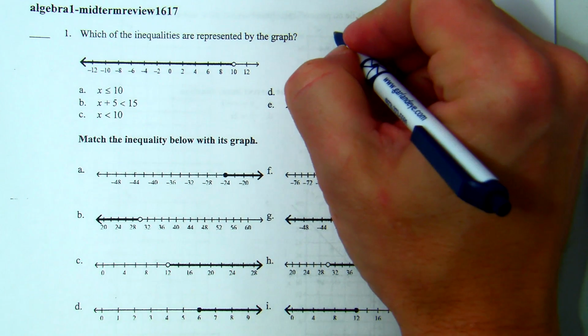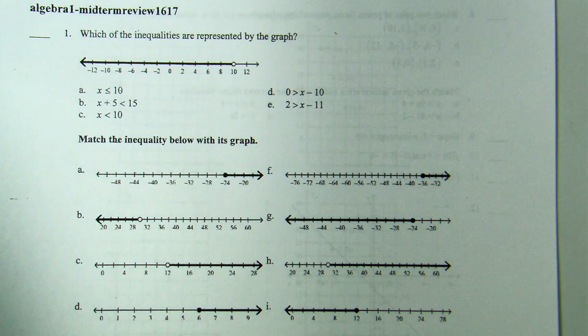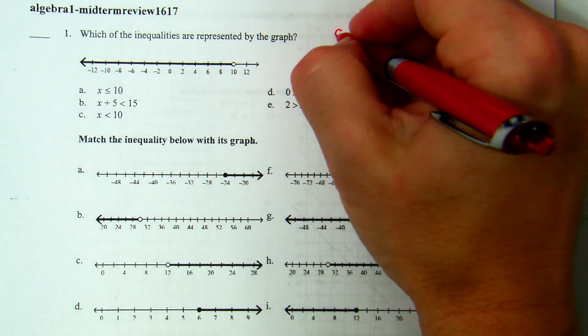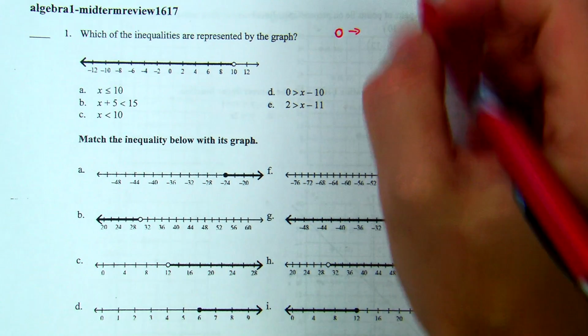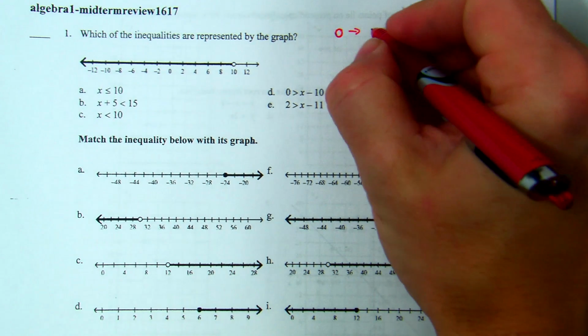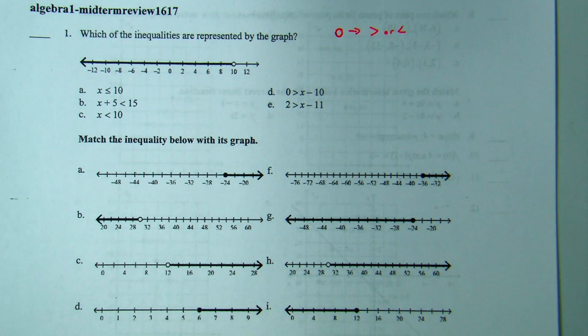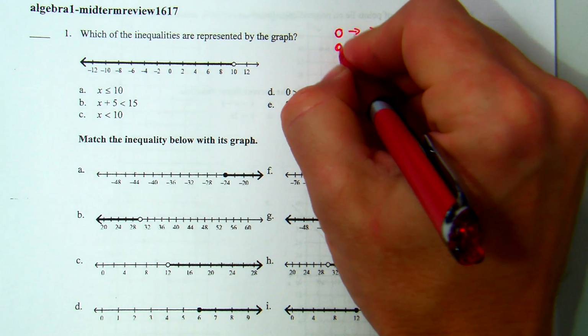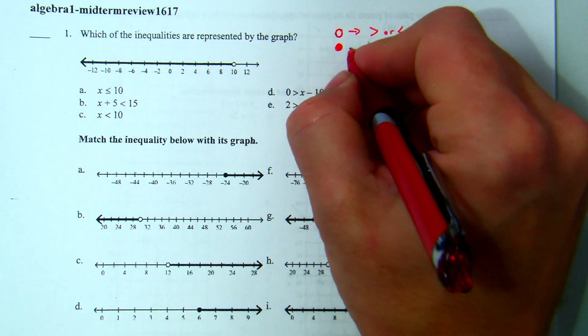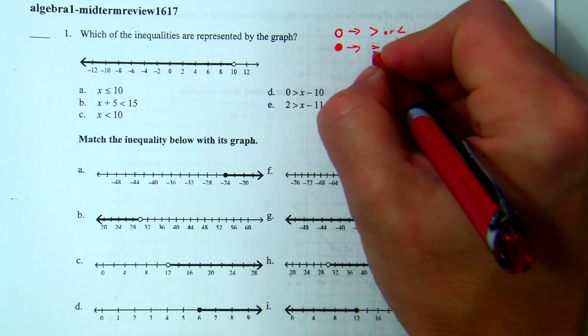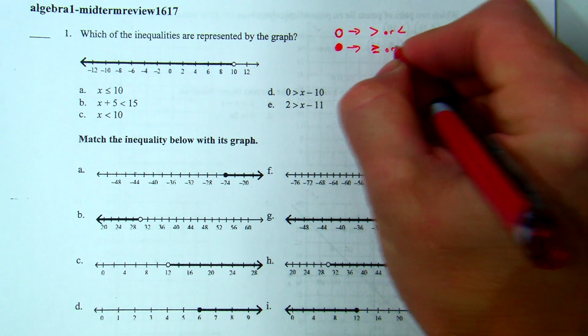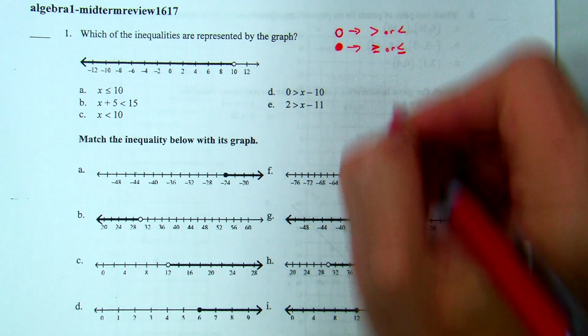Now let's remember this. I'm going to write it in red so you can see this a little better. Remember that an open dot means that it can only be greater than or less than, right? And if it's a closed dot, then that means we can have greater than or equal to or less than or equal to.